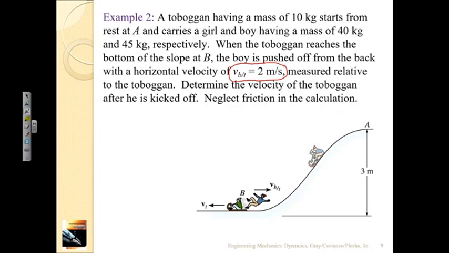So to get VB2, I can say this is equal to the velocity of the toboggan at state 2 plus the velocity of the boy relative to the toboggan, at state 2. The velocity of the toboggan is what we want. We're given the velocity of the boy relative to the toboggan, and then we would have the velocity of the toboggan in both these terms as our only unknown.